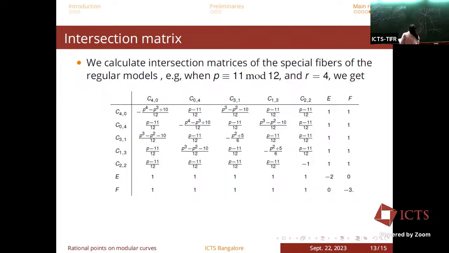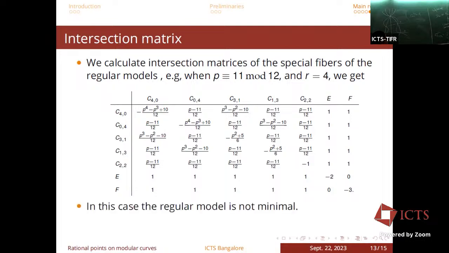So this is C40, C31, C22, C13 and C04, and this is E and F. And this is the intersection matrix which we calculate. And if you notice in the matrix, C22 squared is equal to -1. That means it is an exceptional divisor. So in this case, this model is not minimal.